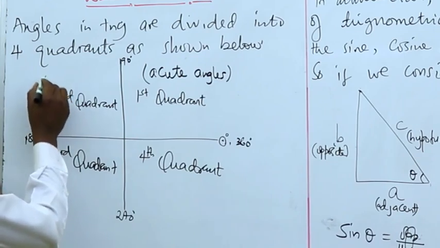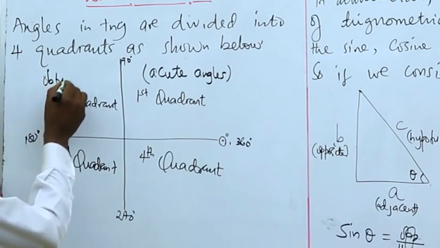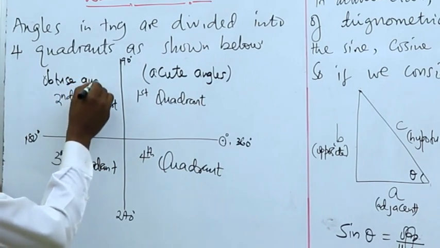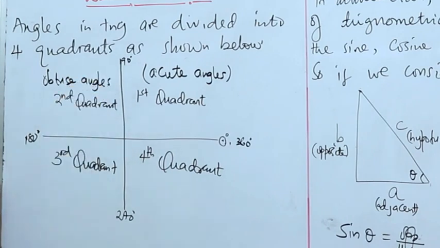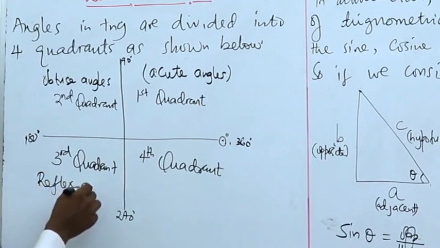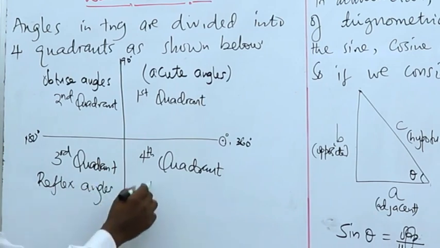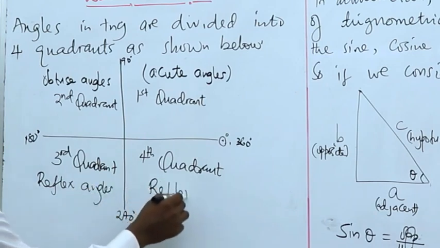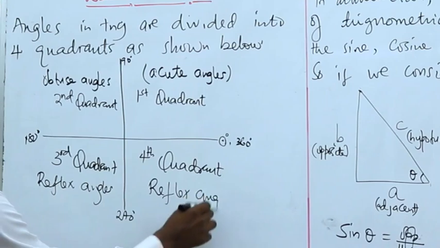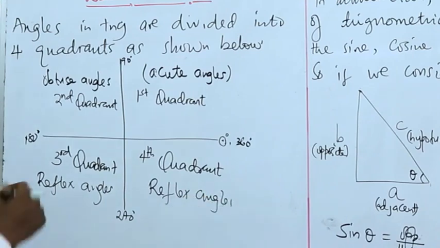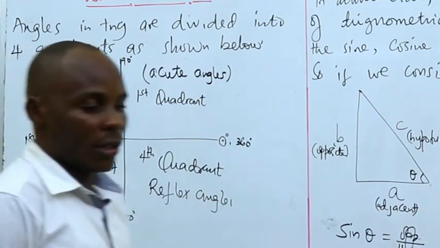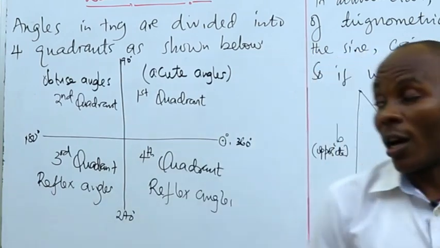Those angles are called obtuse angles. Between 180 and 270, we have what we call the reflex angles, and so in the fourth quadrant. So all angles beyond 180 are referred to as reflex angles.